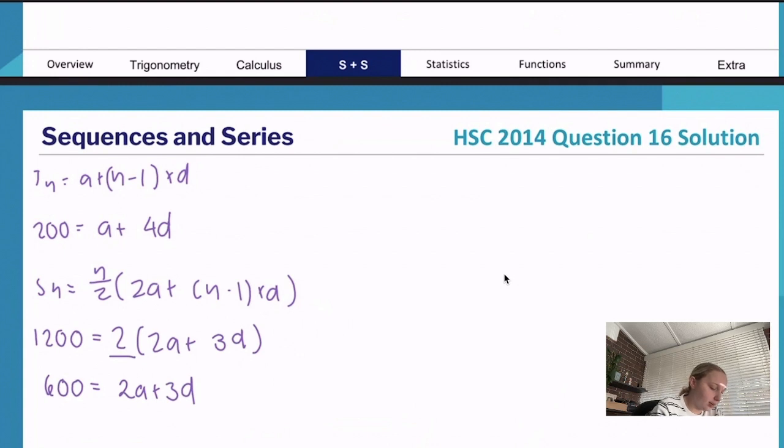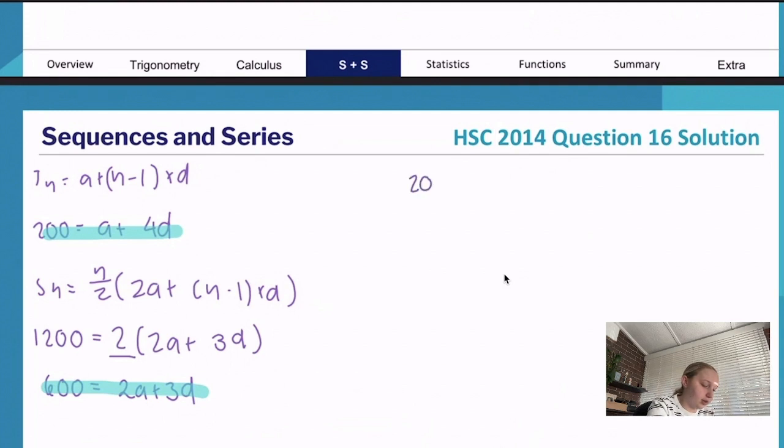Okay, so now we've got these two formulas here. What we want to be doing now is thinking about how we can use these two equations to eliminate one of our variables so that we can find the other one.